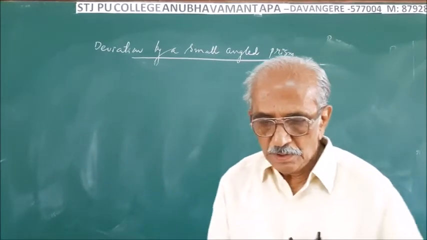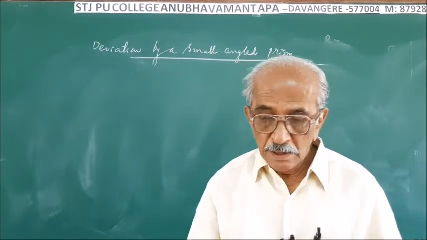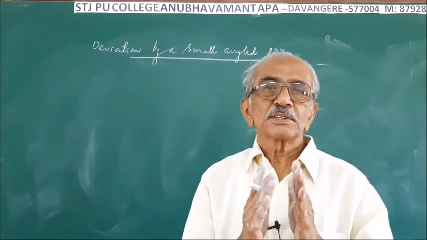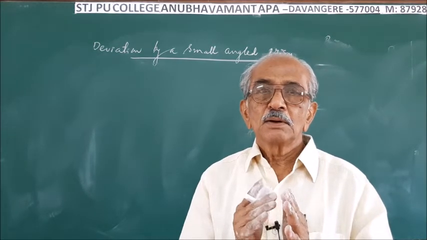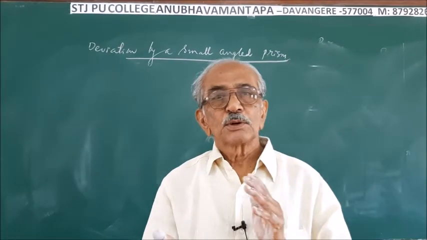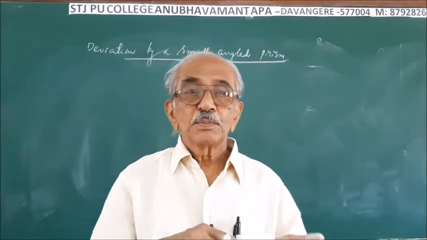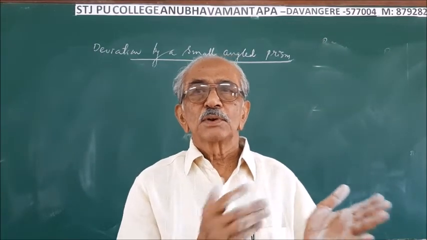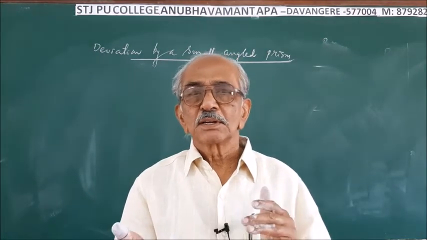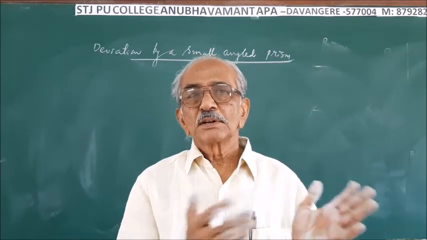Now, if the angle of the prism is very small, let us suppose of the order of 3 degrees, 4 degrees, remembering the relation A is R1 plus R2, R1 plus R2 together will be 3 or 4 degrees. So if R1 is 1 or 2 degrees, I1 also necessarily will be 1 or 2 degrees.